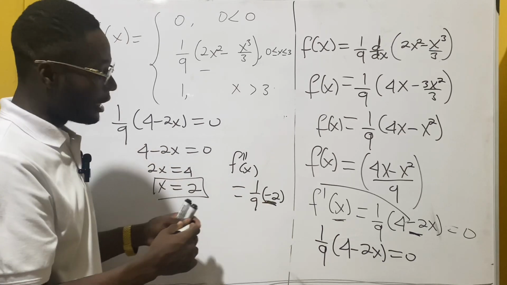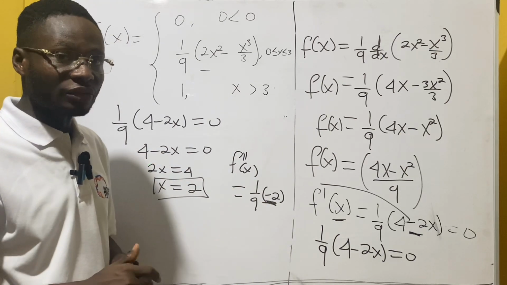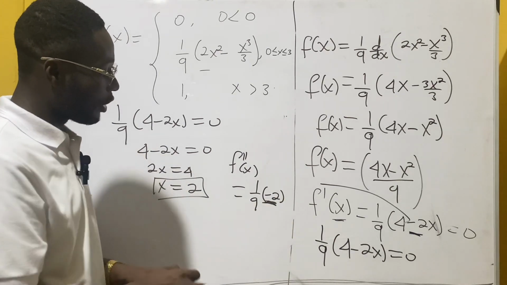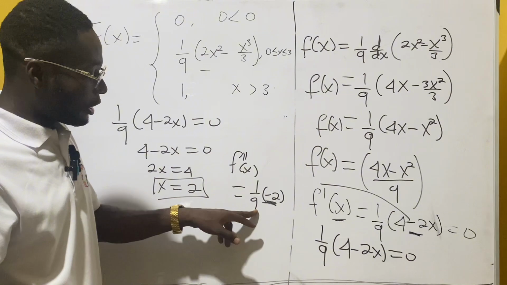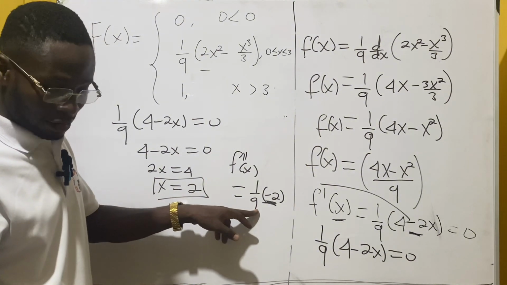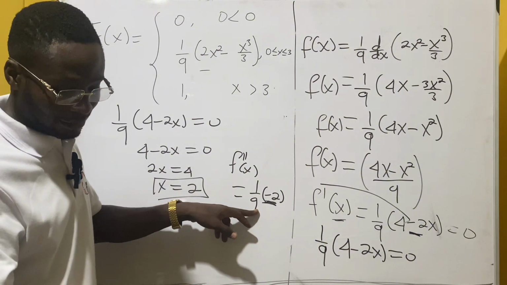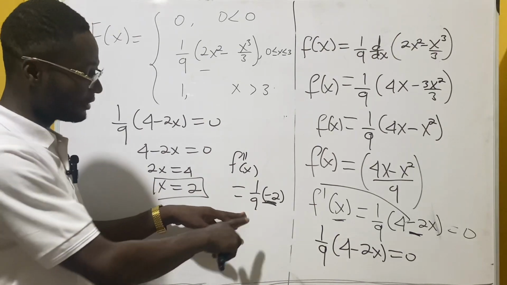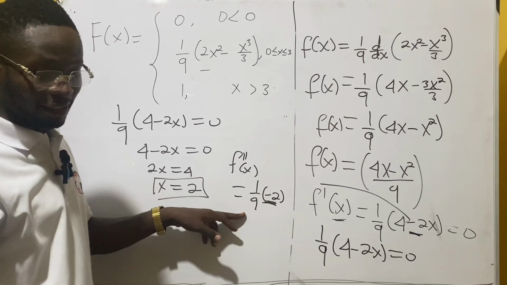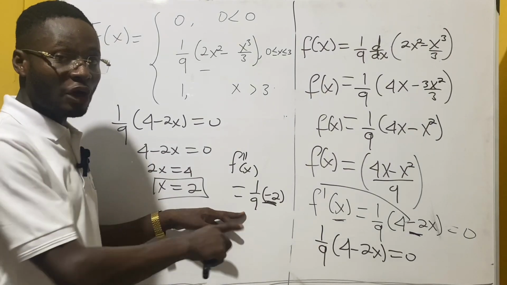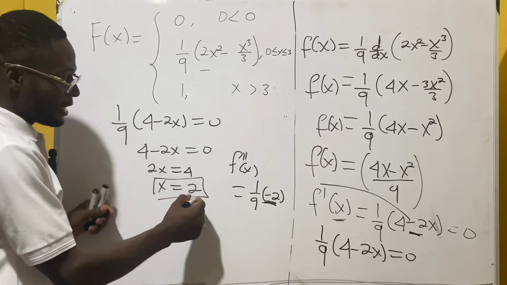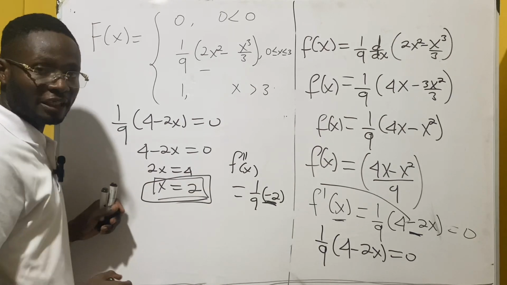So this is giving us a negative value. That should tell you that the function or the mode, since this is negative, since the second derivative is negative, we can say that f of x has a local maximum. So this becomes the mode of the distribution.